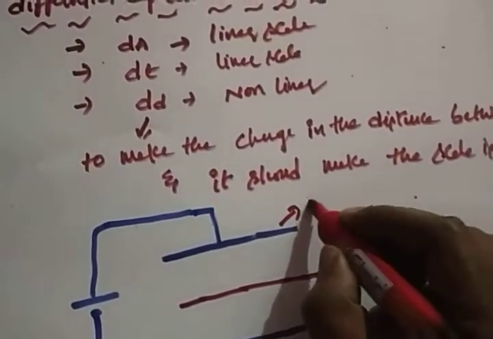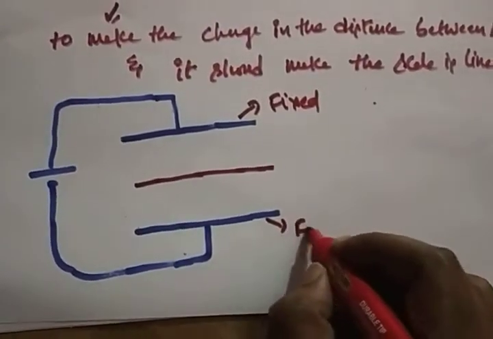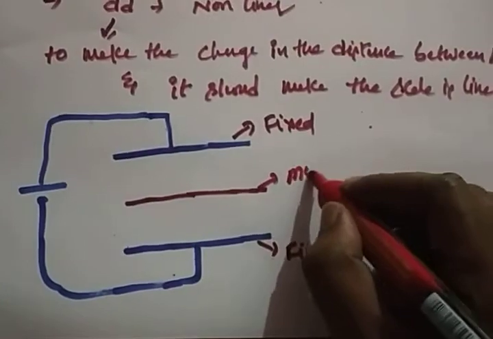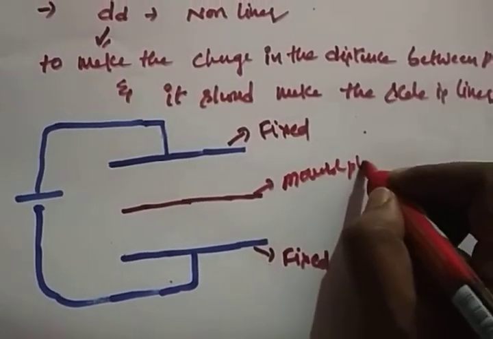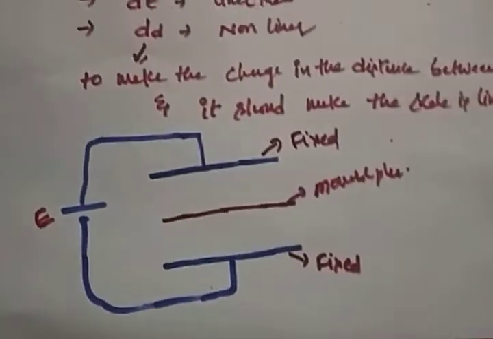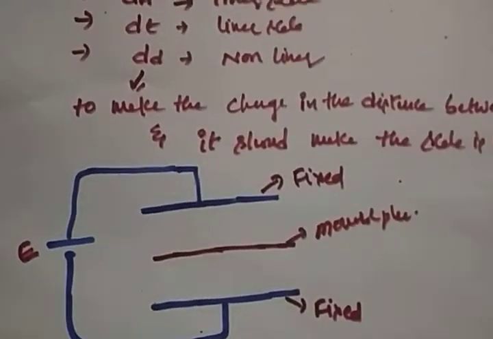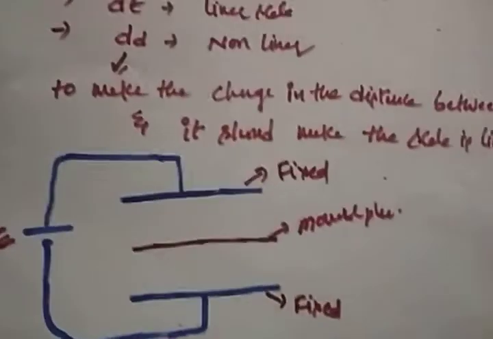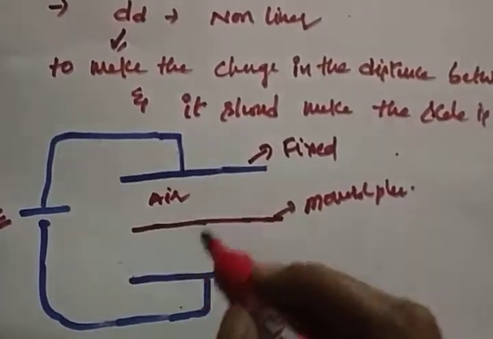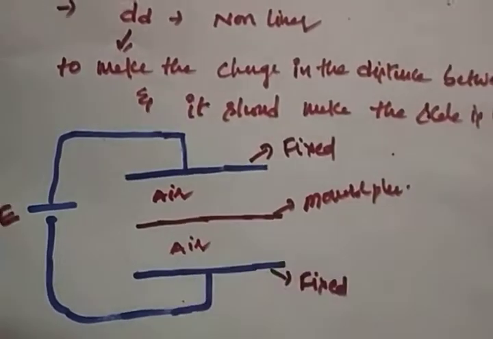So these are fixed plates, and this is a movable plate. Now you have applied a voltage E, right? Now there will be a dielectric medium. Air is the dielectric medium. Here also air is the dielectric medium, right?